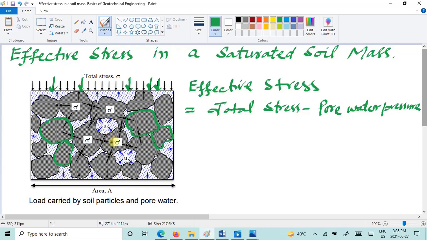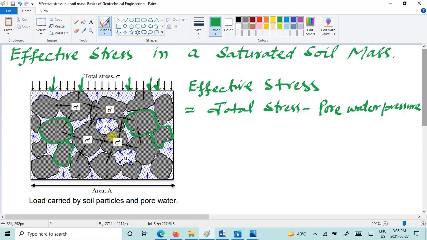But when the drainage occurs and the pore water pressure dissipates, the load which is applied will be transferred to the soil particles.